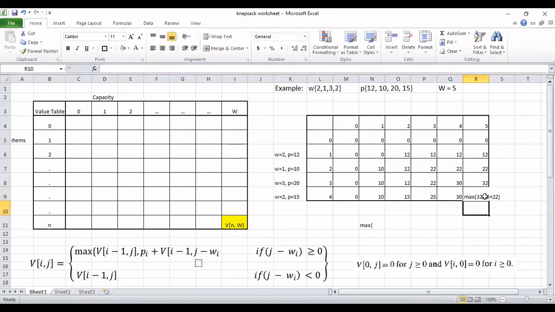So 37 becomes our profit. Therefore we can declare that the optimal solution profit is equal to 37. Then, which are all the items included?